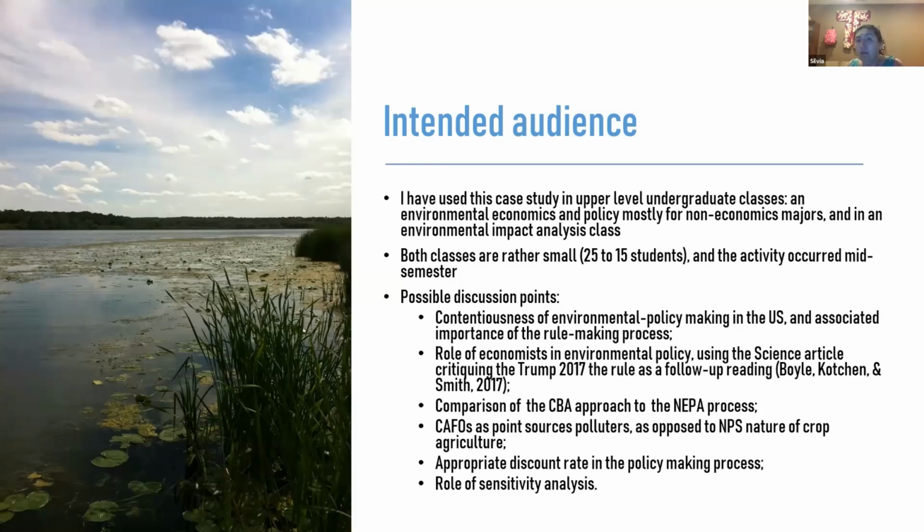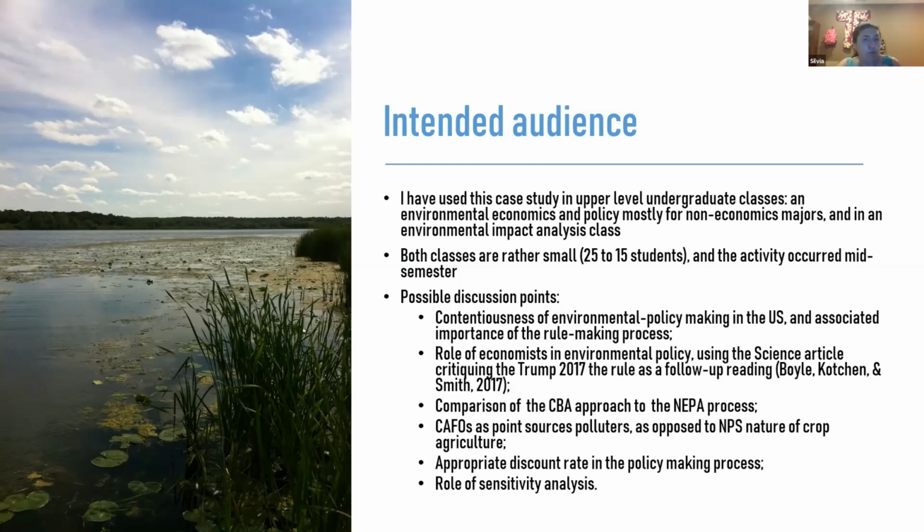And here are some of the issues that you can connect with for the rest of class. For the environmental impact analysis class, I have the students read the Boyle and others 2017 Science paper, a policy forum that was a very well written and succinct critique of the remaking of the United States 2015 rule.